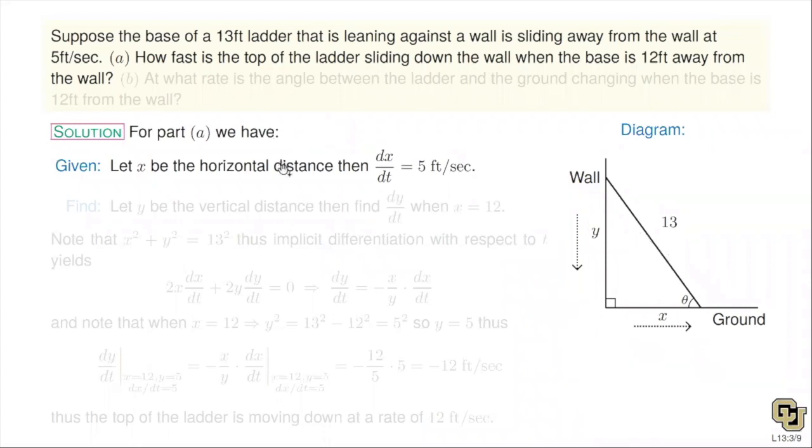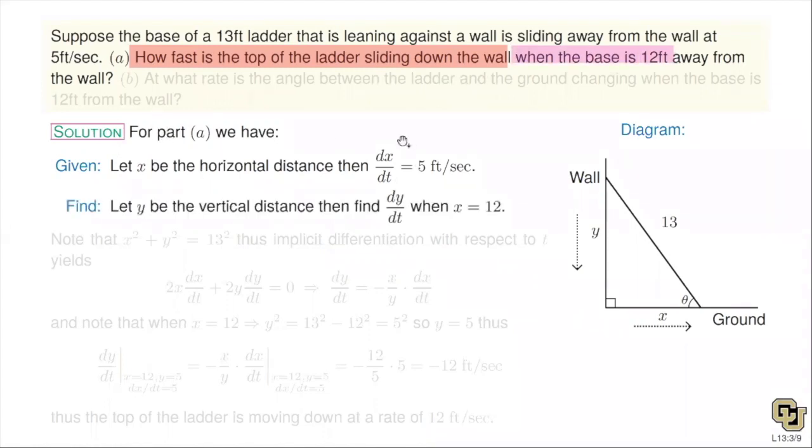Now it says, how fast, so that's a derivative, is the top of the ladder sliding down the wall? They want to know how y is changing. They want us to find dy/dt. And then it says, when the base is 12 feet away. Translated into a mathematical sentence, that is: find dy/dt when x equals 12.